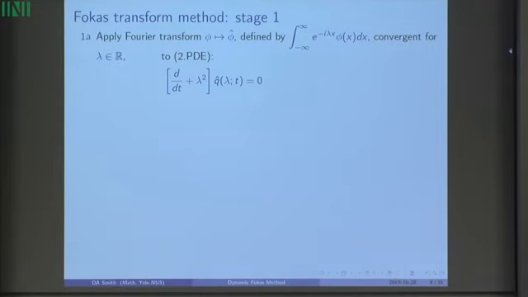Stage one. So we're going to just try applying the Fourier transform to the partial differential equation. Okay, but the Fourier, this is the wrong Fourier transform because our solution of our PDE doesn't exist for x negative. So this is nonsense. So we want to actually apply this Fourier transform, right?